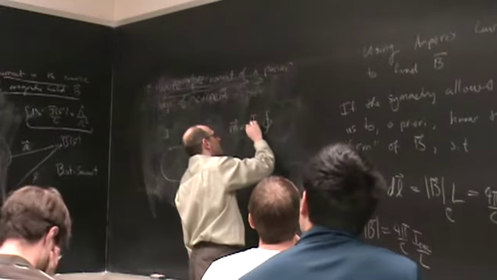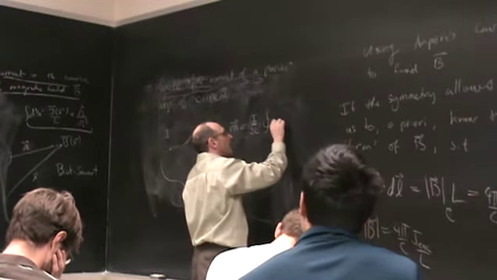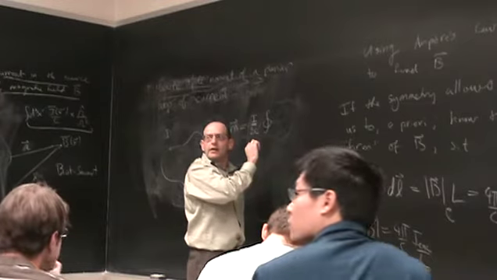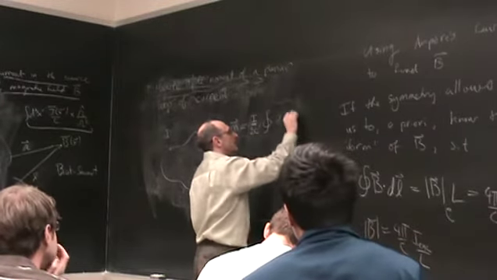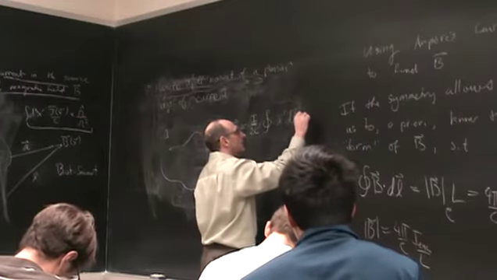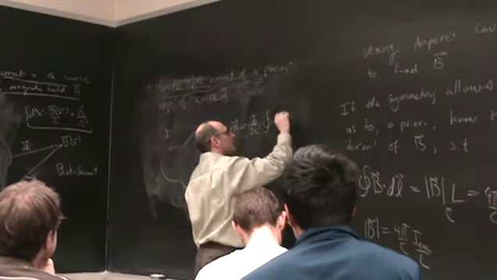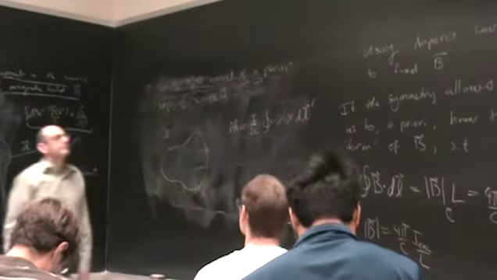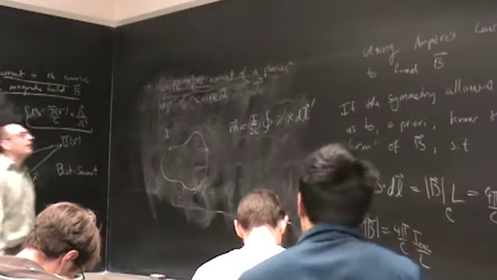I is constant, so if it's a steady current, it comes out. So I have x prime crossed into I dl.